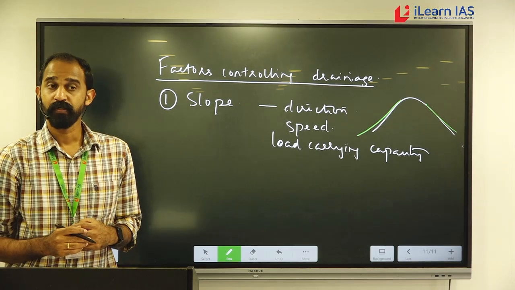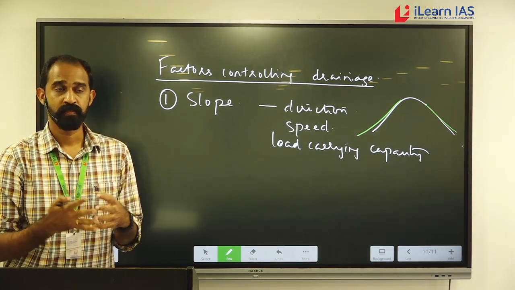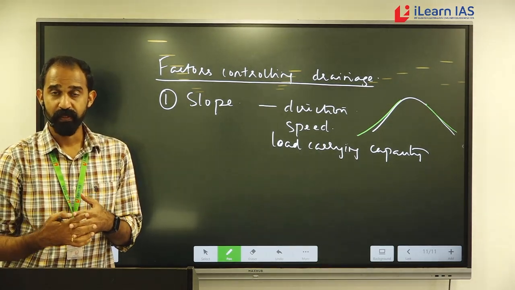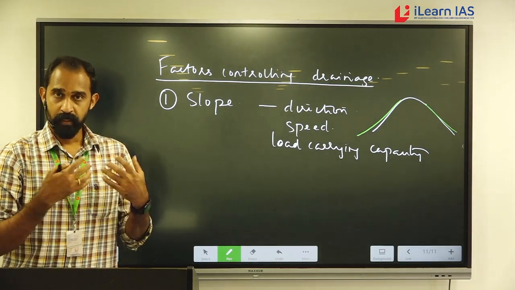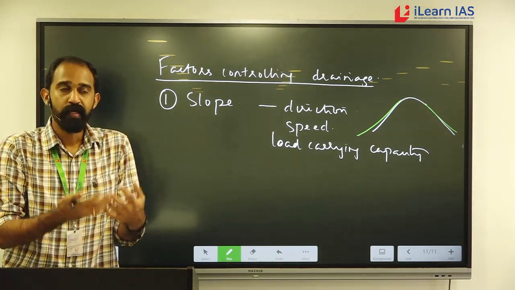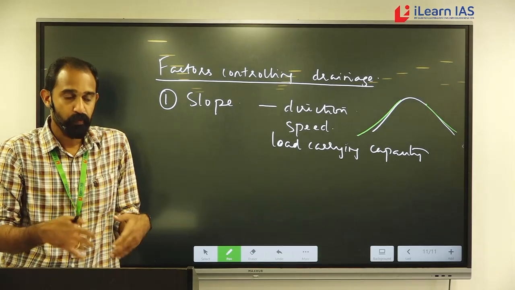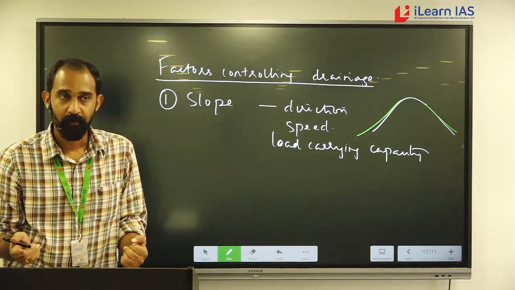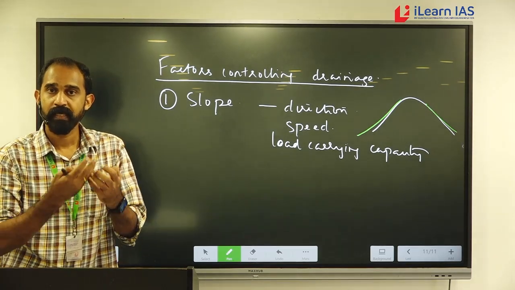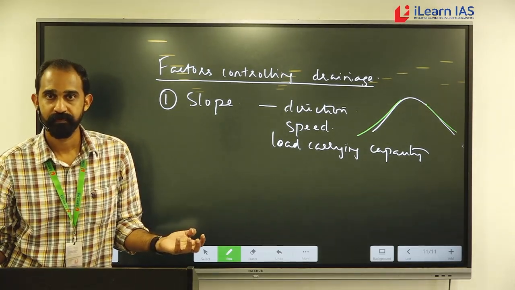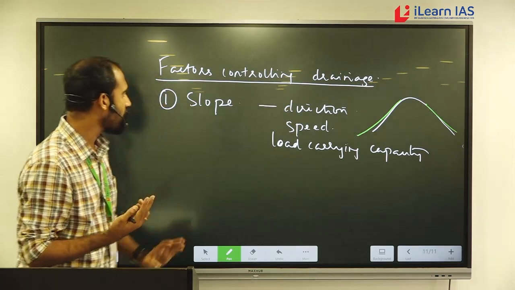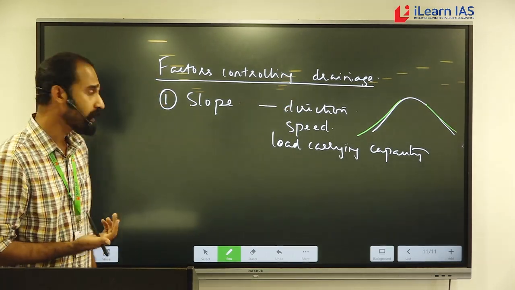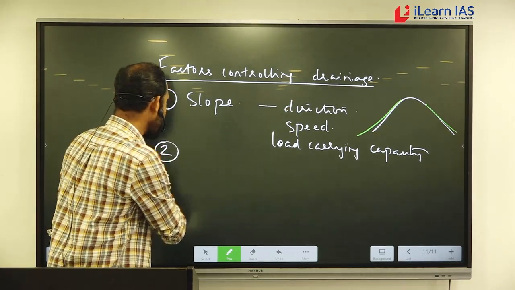So in a mountainous region where the slope is very steep, the river will be carrying a lot of big boulders and big rocks, rolling along the river bed. But it cannot do the same in a region of gentle slope. So these characteristics are all associated with the slope of the river or slope of the region.